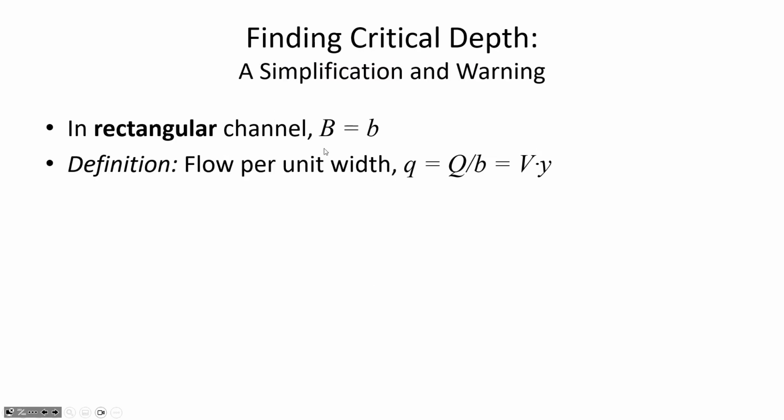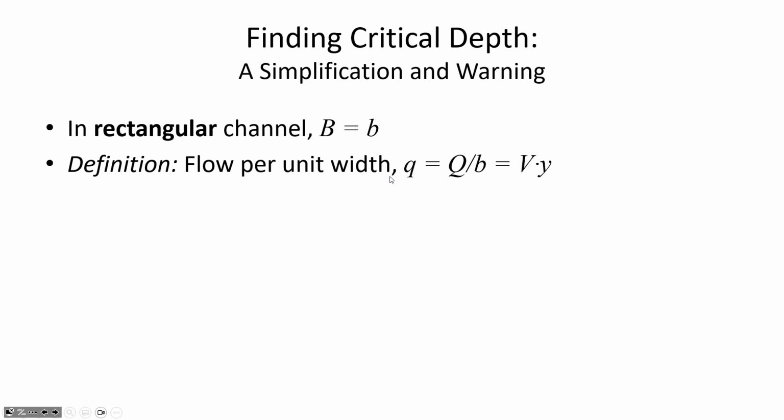Now, if you've got a rectangular channel, then the top width and the bottom width are always the same. And there's a new term that I'm going to introduce to you, the notion of the flow per unit width. If you take the overall volumetric flow rate in cubic meters per second and divide it by the bottom width of the channel, lowercase b, then q is the flow per unit width.